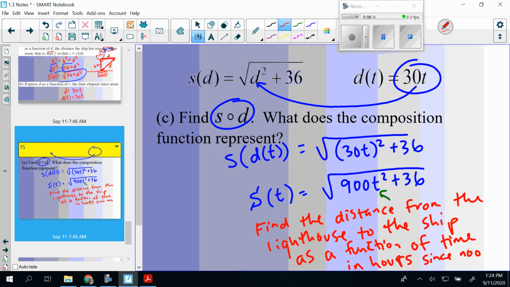So if you just know how many hours have elapsed, say 7 hours have elapsed, just plug in 7 for t and it'll tell you how far that ship is now in a direct line away from that lighthouse.